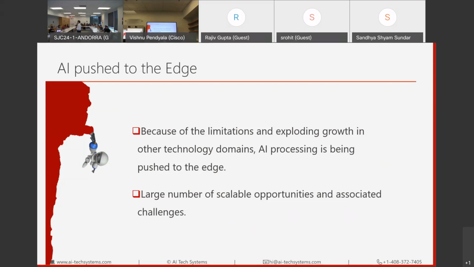And you still want your application to work and recognize your face. That means you have to do that processing in the device itself. So the whole point I'm trying to make here is there are several factors, several aggressors, that are pushing AI to the edge.